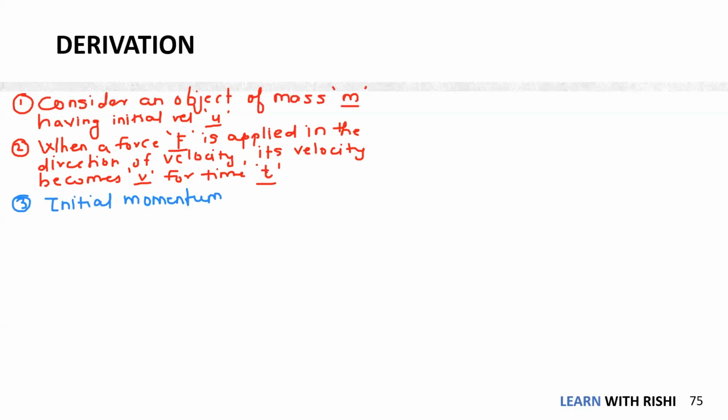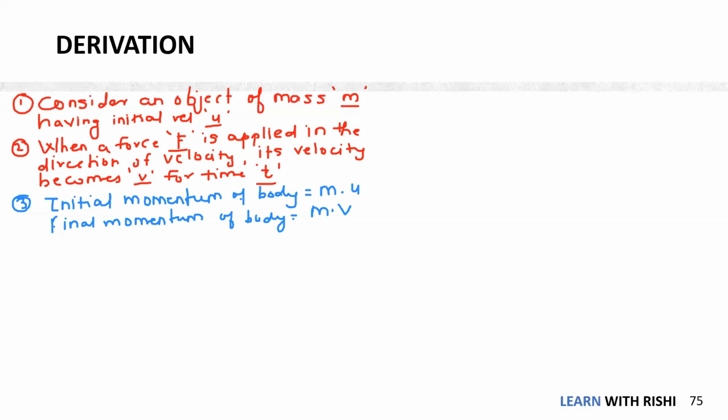So initial momentum of body means the product of mass and initial velocity. Similarly, final momentum of body will be mass of the body into final velocity, m into v. Initial momentum means we are multiplying mass with the initial velocity. Final momentum means we are multiplying mass with final velocity. So here we got initial momentum and final momentum.